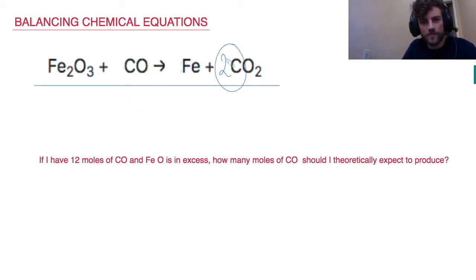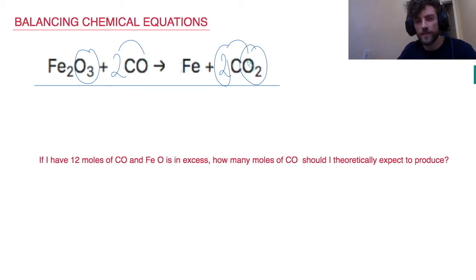And I notice now there's 2 carbons and 1 carbon here, so let me stick a 2 here. Aha, but the issue is this has now changed my number of O's again. And I take a step back and I say, well, now there are a total of 5 O's on the left hand side and 4 O's on the right hand side, and I notice that on the right hand side I must always have an even amount of oxygens because they're always coming in pairs.